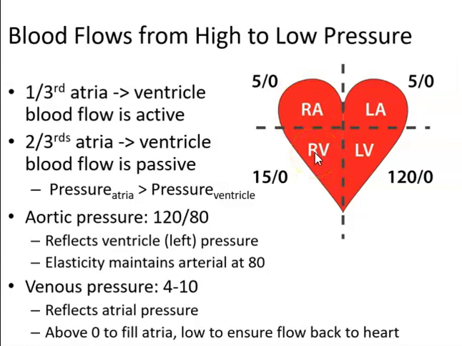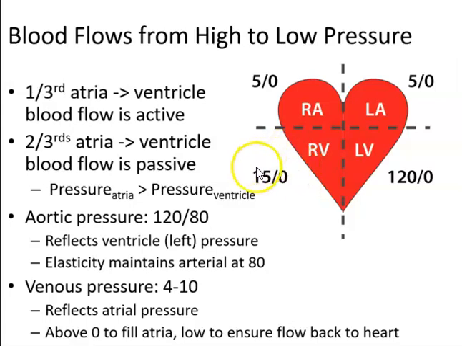Now, during systole within the right ventricle, the pressure within the right ventricle rises to 15. So the pressure will push the blood from the right ventricle through the pulmonic valve, through the pulmonary semilunar valve, up the pulmonary trunk, through the right and left pulmonary arteries, into the lungs.